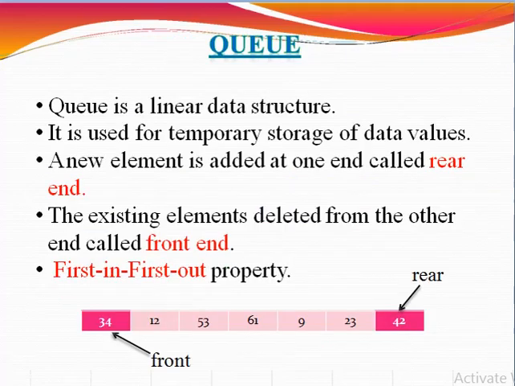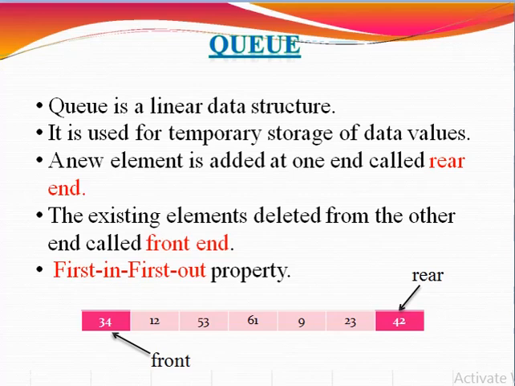Queue is a linear data structure, as I have already discussed. It is used for temporary storage of data values. Queue is an abstract data structure somewhat similar to stack, but unlike stack, a queue is open at both ends.